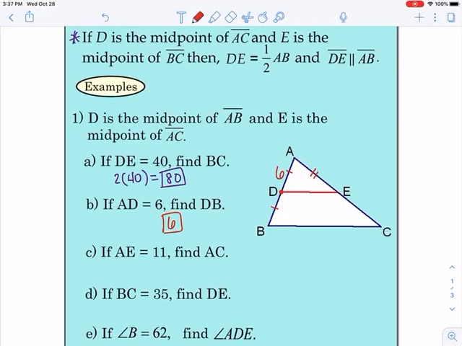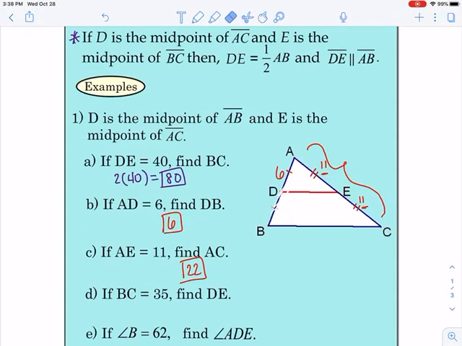AE is the one that I just put the 2 hash marks through. That one's 11, and we want to find AC. AC is the entire side. So if AE is 11, that means that EC is also 11 since E is the midpoint. So the entire length AC is going to be 11 plus 11, which will be 22.